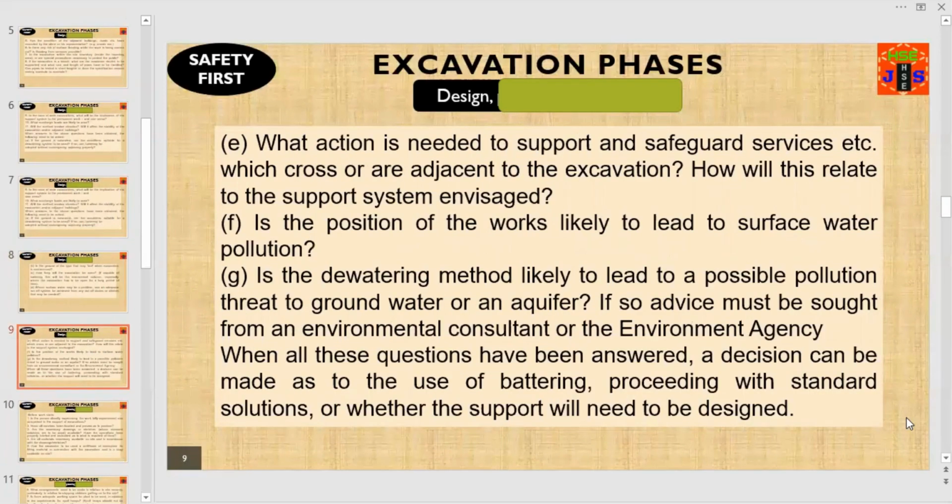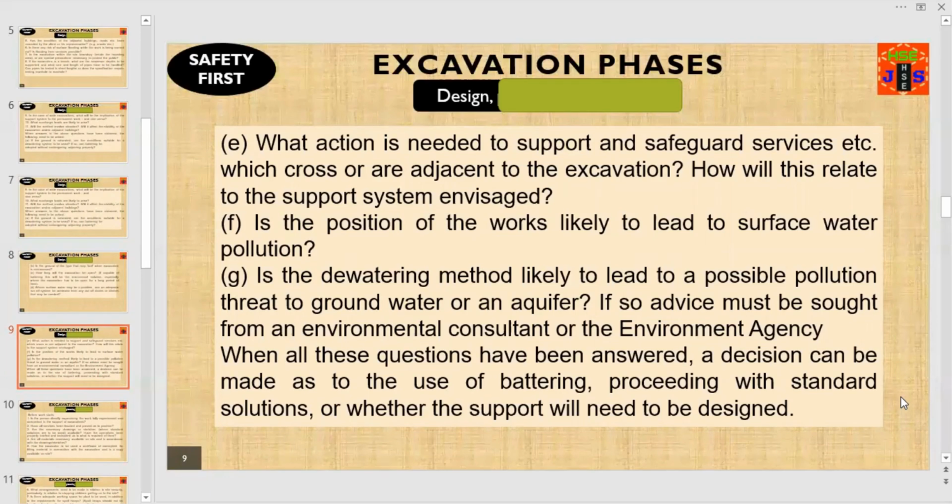What action is needed to support and safeguard services which cross or are adjacent to the excavation? How will this relate to the support system envisaged? Is the position of the works likely to lead to surface water pollution? Is the dewatering method likely to lead to a possible pollution threat to groundwater or any aquifer?